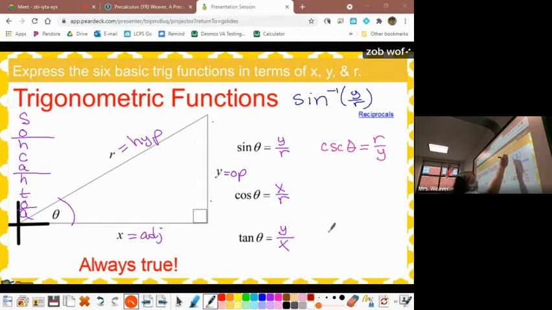But we do not mean negative exponents here. That is inverse notation. So it's the same notation in a different setting to mean something completely different. So when we read that, it is not sine to the negative first power. It is the angle whose sine is y over r, or sine inverse of y over r. Super important that you remember that.